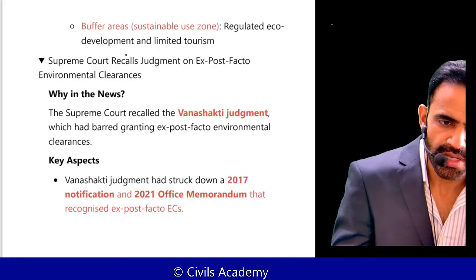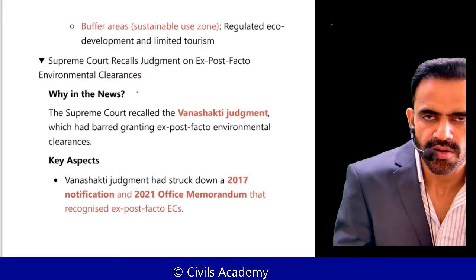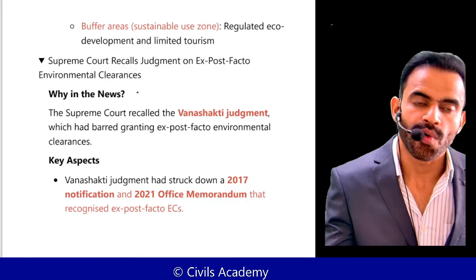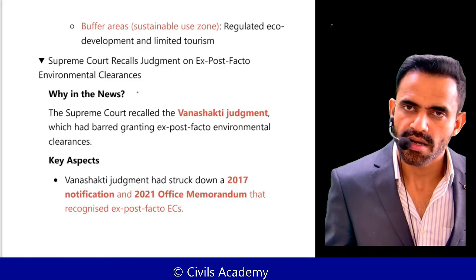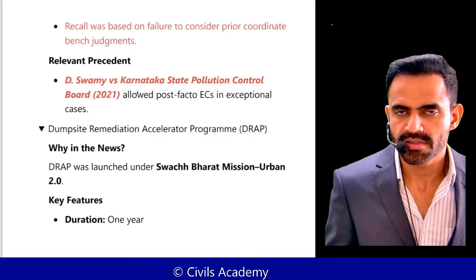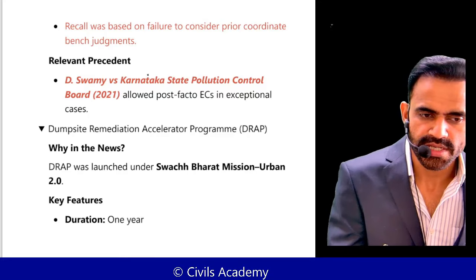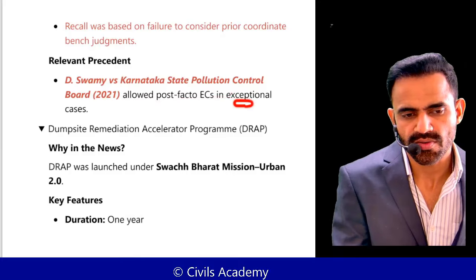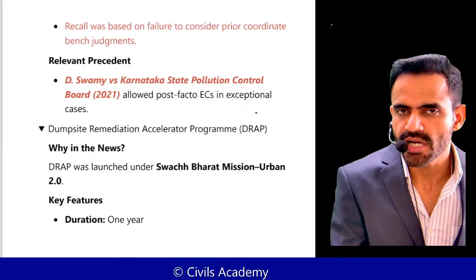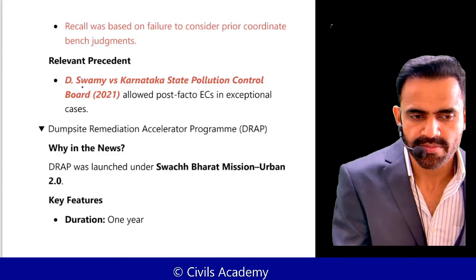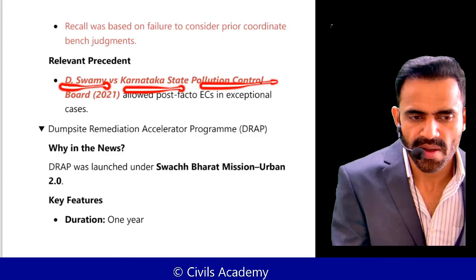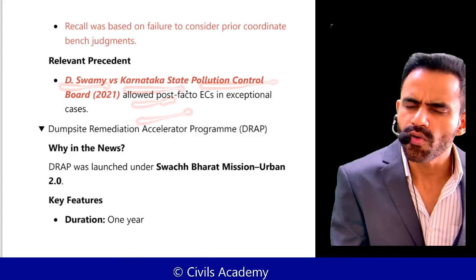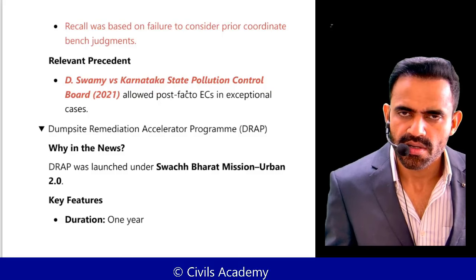Now the court has recalled that judgment. Recalled basically means it said that this was a wrong judgment. Why did the court say that this was a wrong judgment? The court said that in previous instances, the court has allowed ex post facto clearance in certain exceptional cases. For example, just remember this case: D. Swamy versus Karnataka State Pollution Control Board. The court allowed the ex post facto approval.